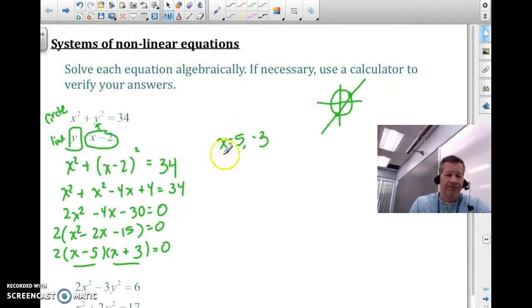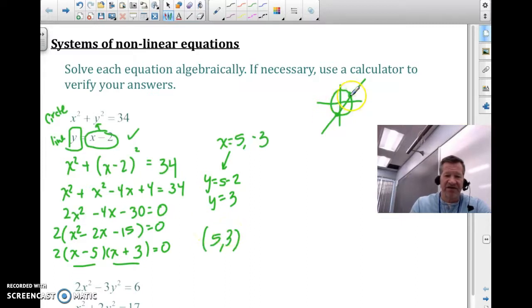So now I need to plug these x values back in for x in either equation, but this one is much easier because y is already by itself. So if I put x equals 5 in, I've got y equals 5 minus 2, which is 3. So one solution is if x is 5, y is 3.